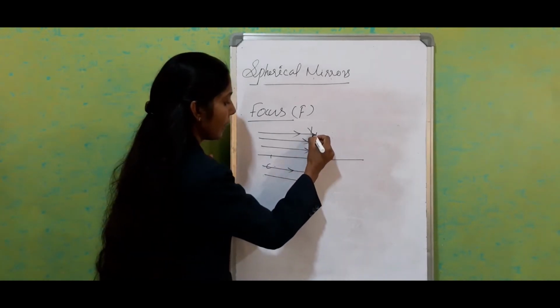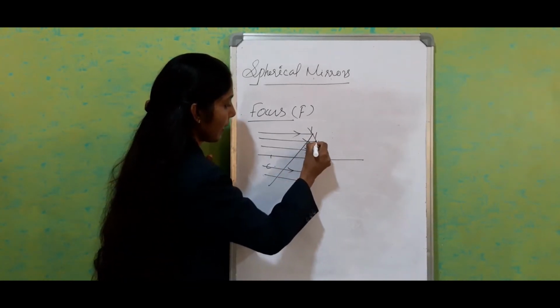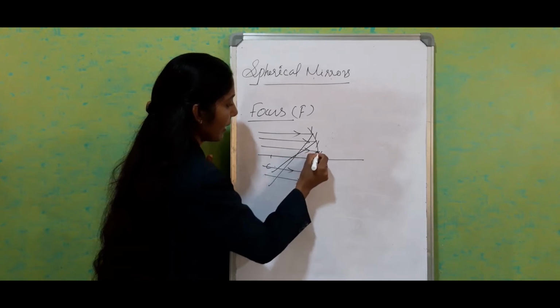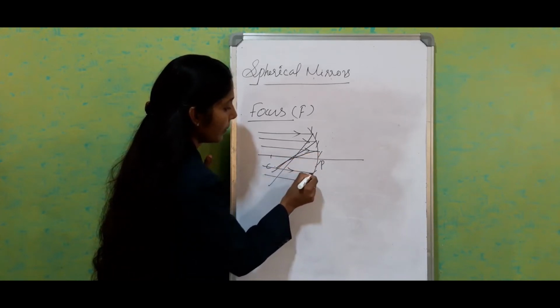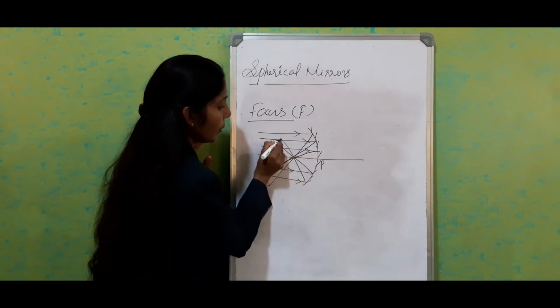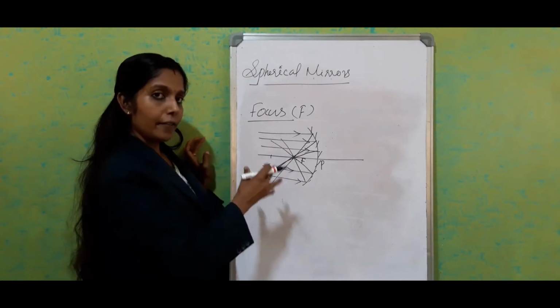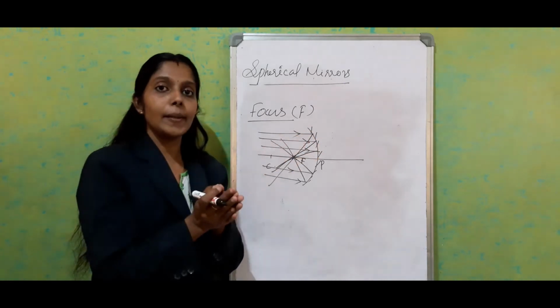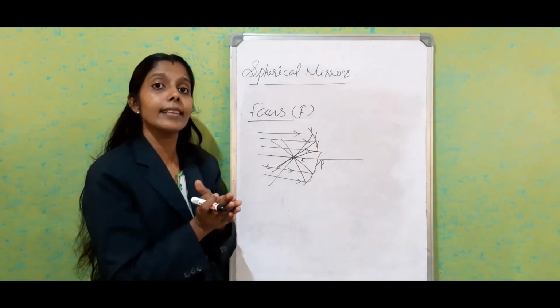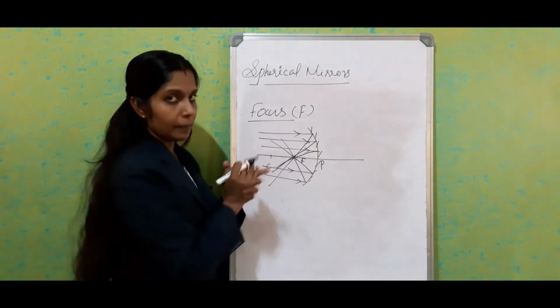After the reflection, all these rays will come and meet at a particular point on the principal axis. So this point is called the focus point.